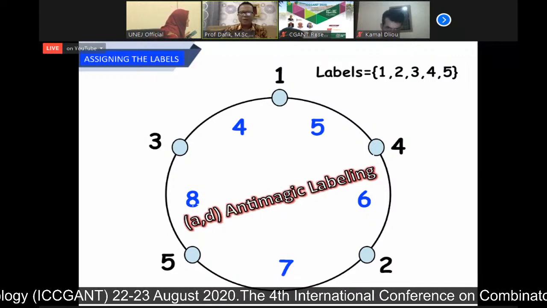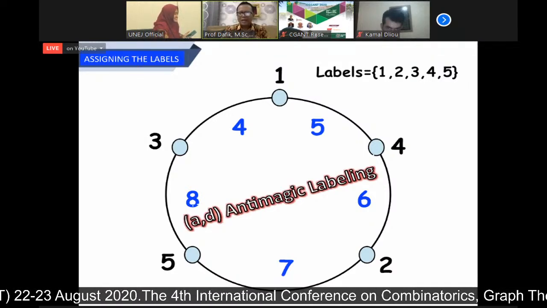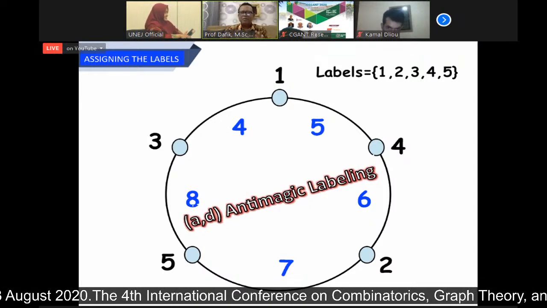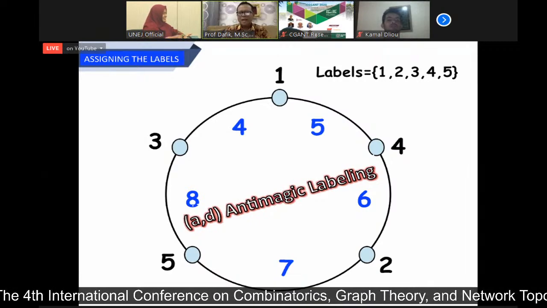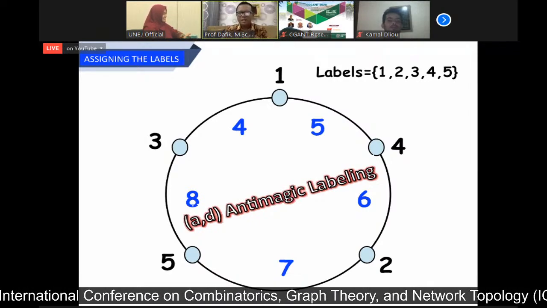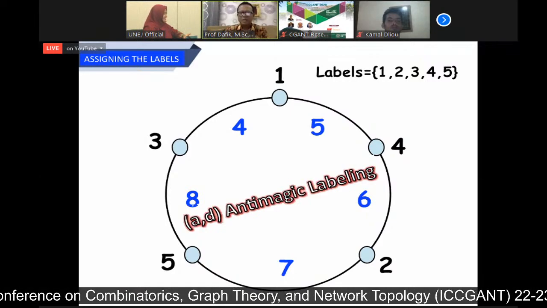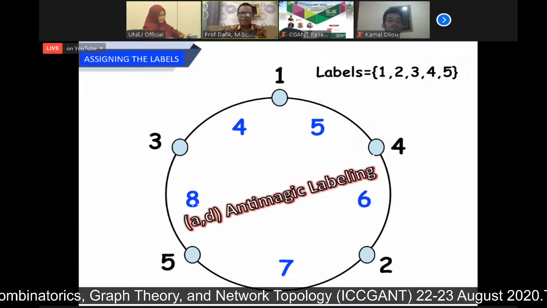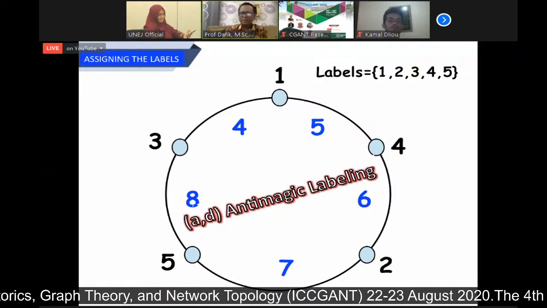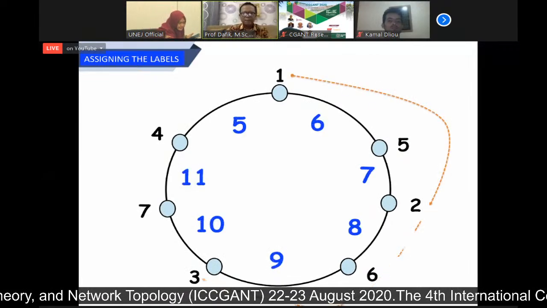So that's why this one is a type of anti-magic labeling. If only the edge weights are different, then we consider it anti-magic. But if they are consecutive, or if they form an arithmetic sequence, then we call it an AD anti-magic labeling. Okay, this is the technique.